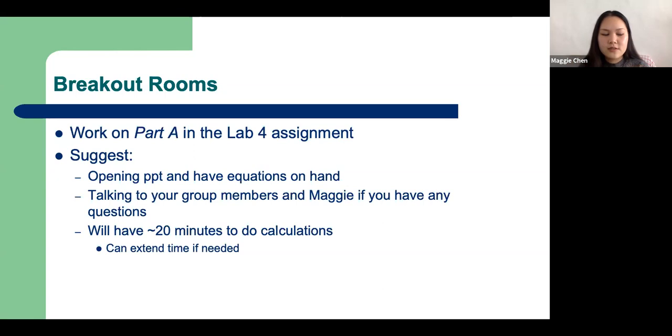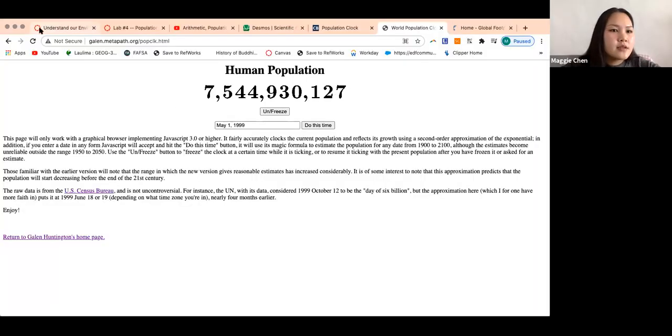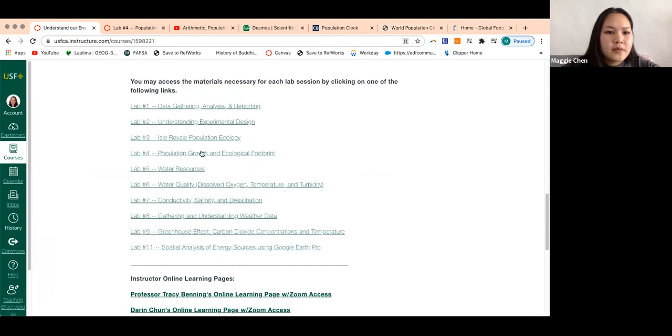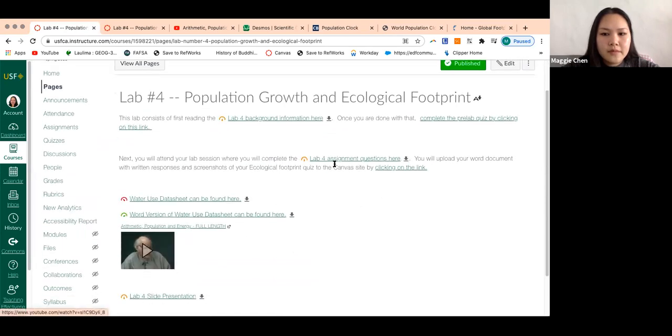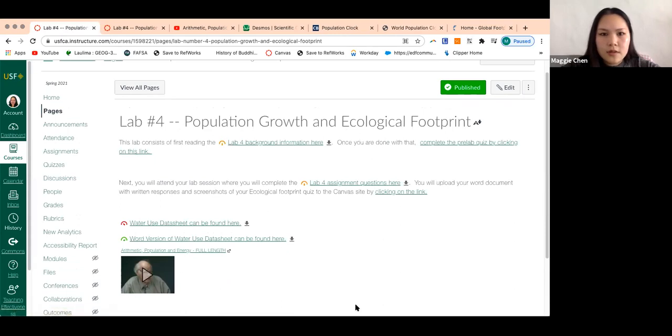So I would suggest going on to lab 4. If we click into the lab 4 Canvas page, when you download the lab 4 assignment questions, it's going to look like this.